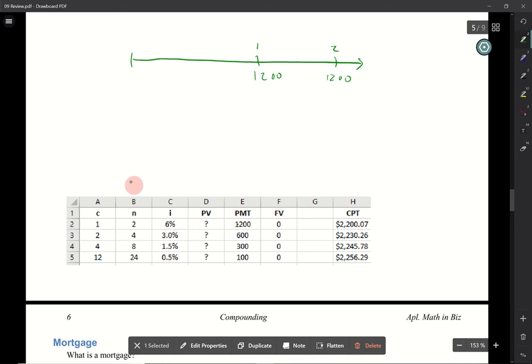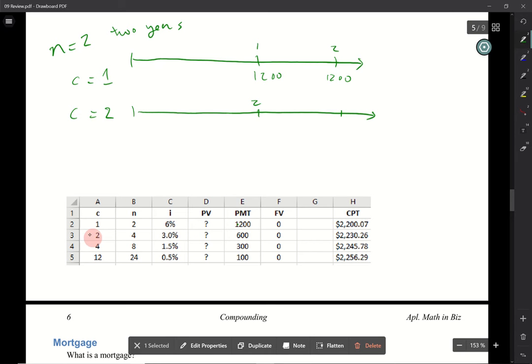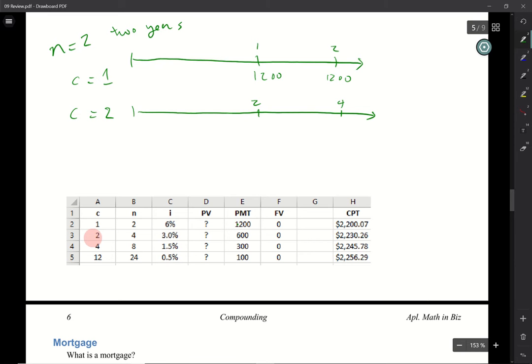So this would be C equal to 1, and then it's for 2 years, N equal to 2 years. So here, this one, C equal to 2, right? This is the semi-annual compounding. So now we have the end of the years would be at the end of the even, right? So this is after 6 months now, and this is 3/4 of the way through.